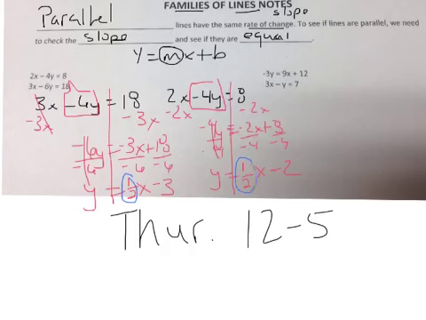And this one also has a slope of 1/2, so these are parallel. I want you to try this set on your own and bring that one to class completed.